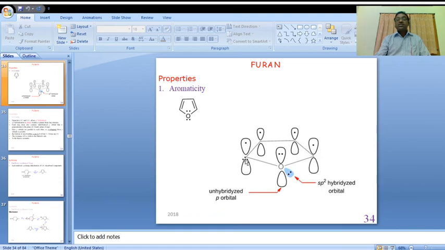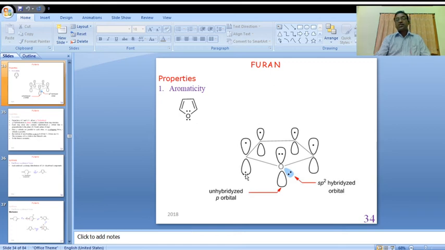All these sigma-bonded 5 atoms are in the same plane, but on the corners of each carbon and the heteroatom there are unhybridized p orbitals.